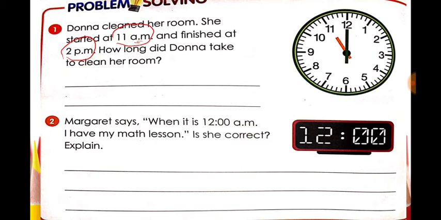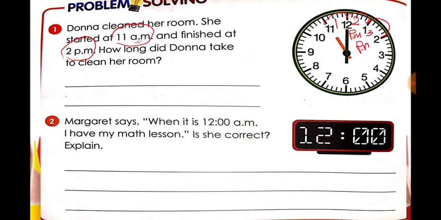Let's count. From 11 to 12, I'm still in a.m. So this is 1 hour. Now, from 12 to 1, I am now in p.m. Here is 2 hours. And from 1 to 2 is the third hour.